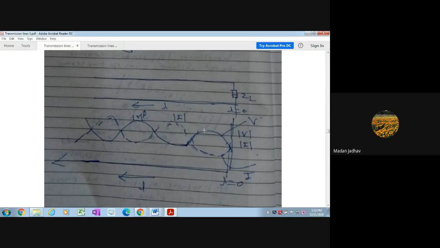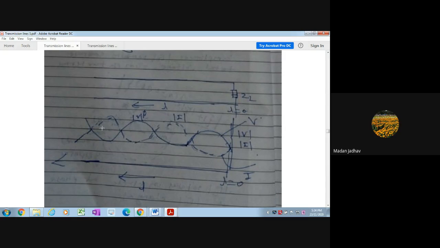This line is the standing wave of voltage, and this other wave, represented by the dashed line, is the standing wave for the current. If you observe it properly, when the voltage is maximum, the current is minimum. Here current is maximum, voltage is minimum.